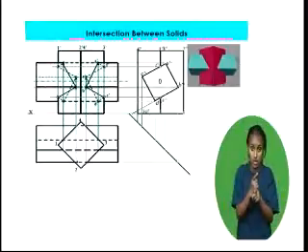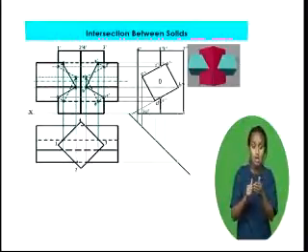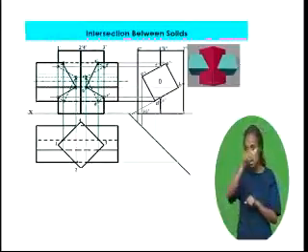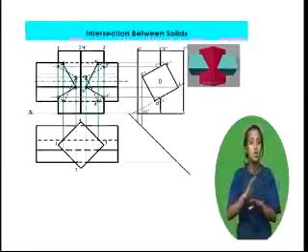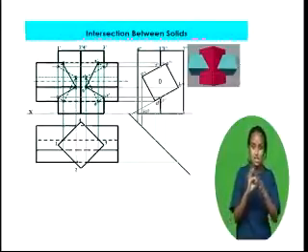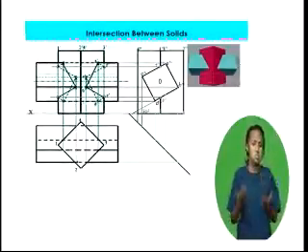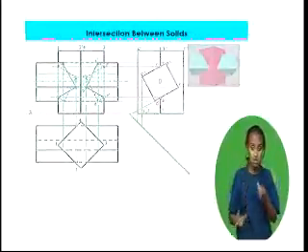The resulting line of intersection may be straight, curved, or straight and curved depending upon the nature of the intersecting surfaces. The intersecting surfaces may be broadly classified under three categories.